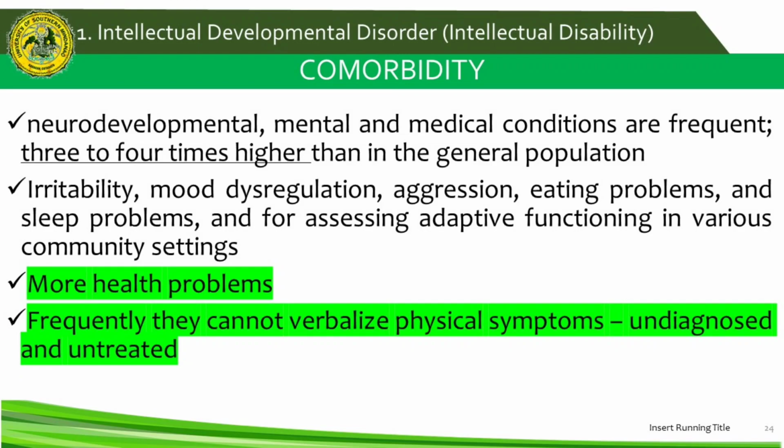So, ang mga common na co-occurring neurodevelopmental and other mental disorders are ADHD, depressive and bipolar disorders, anxiety disorders, autism spectrum disorder, stereotypic movement disorder, impulse control disorders, and major neurocognitive disorders. So, knowledgeable informants are essential for identifying symptoms such as irritability, mood dysregulation, aggression, eating problems, and sleep problems, and for assessing adaptive functioning in various community settings.